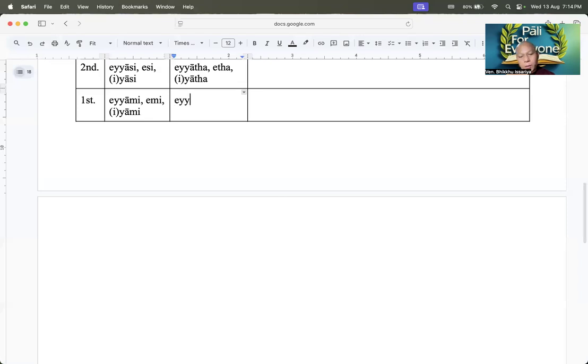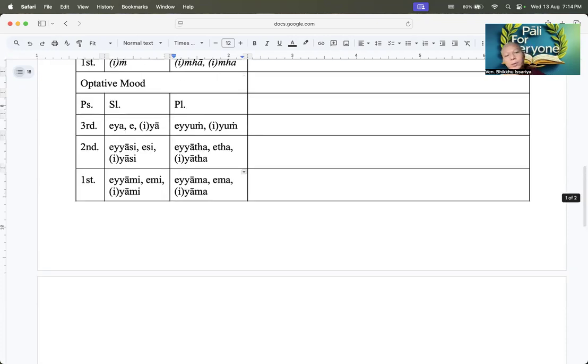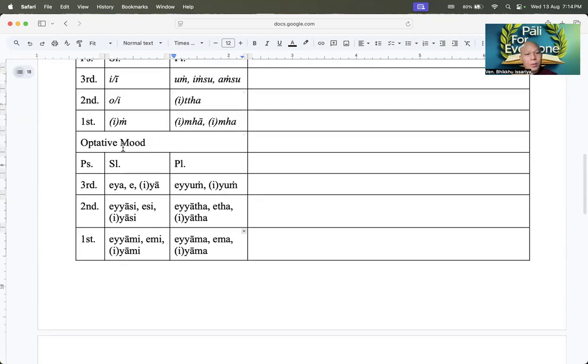So for the first person plural: eyyama, and then ema, and then iyama. So in this way, three types. So that is a little bit varied. We have already explained widely.